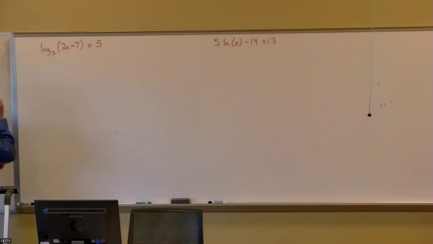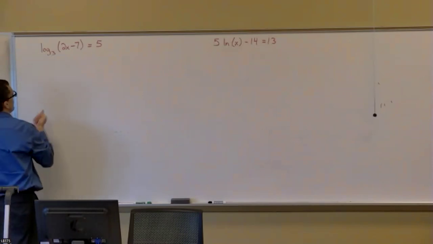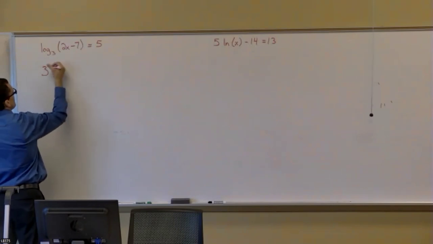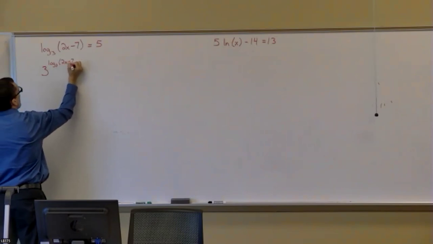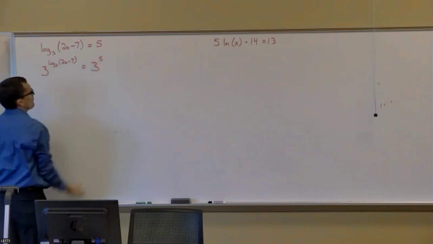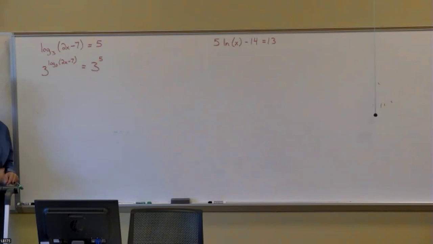So here's what we're going to do. When I say apply exponents to both sides, what I mean is we have the log base 3 here. So I can think of taking 3 and raising it to this power, and setting that equal to 3 raised to the 5th power. You see what I'm doing here?